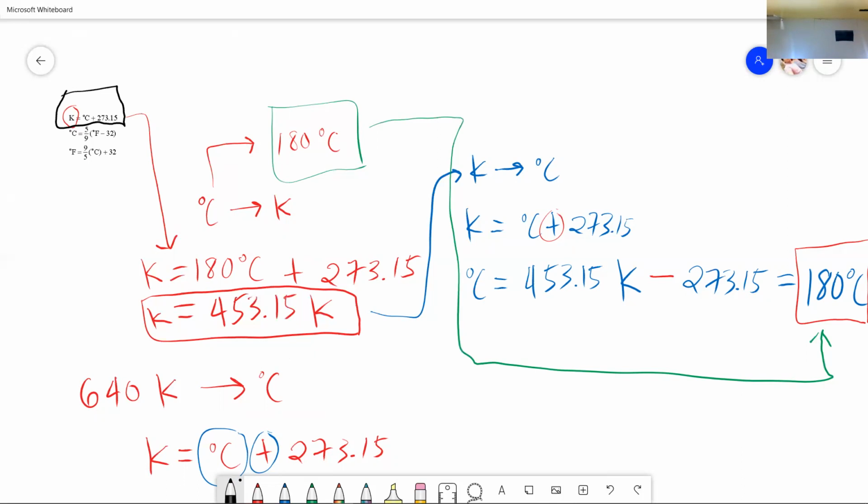Okay, next, what if you're asked to convert degrees Celsius to Fahrenheit, or from Fahrenheit to degrees Celsius?